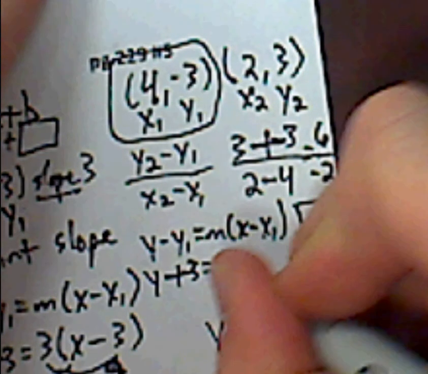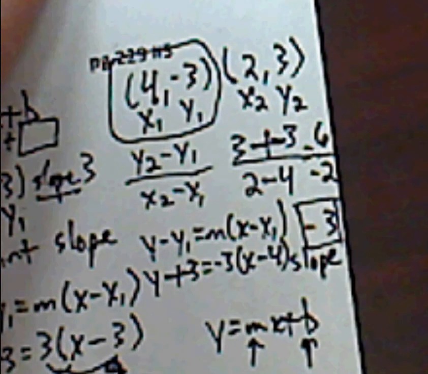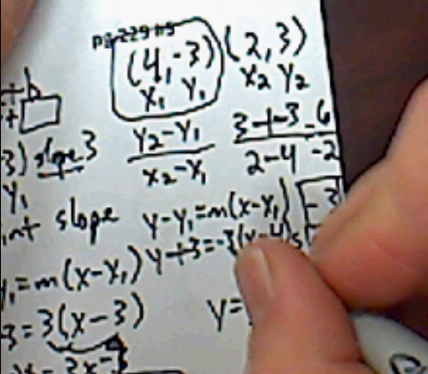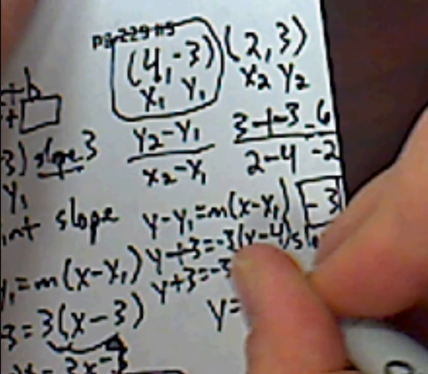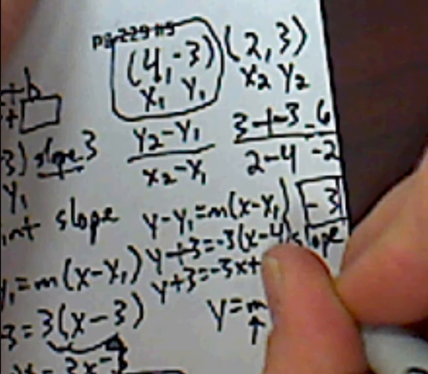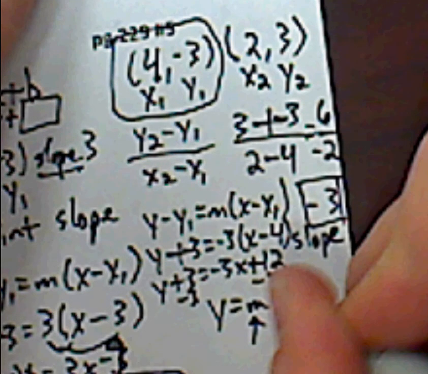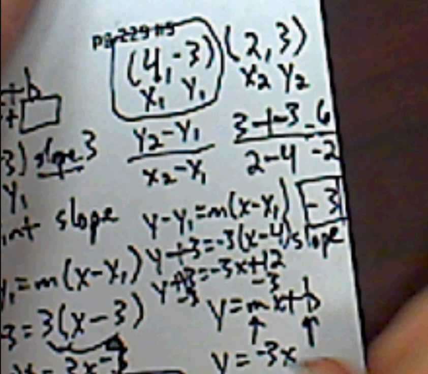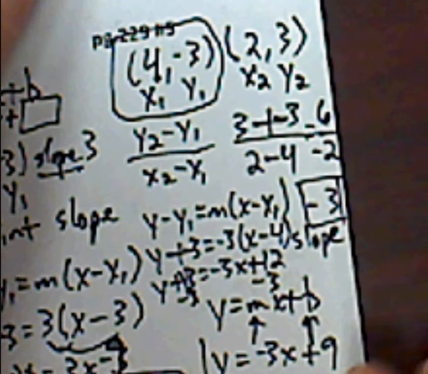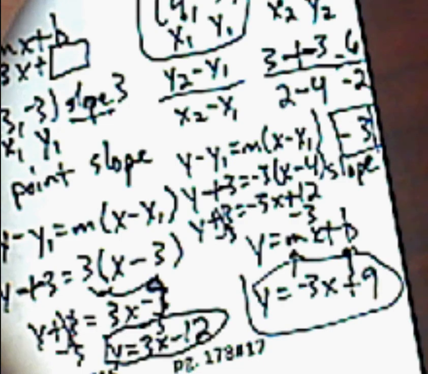My m is negative 3, then I have x minus, my x1 is 4. So this gives me y plus 3 equals negative 3x. Negative 3 times negative 4 is positive 12. Minus 3, minus 3. So I get y equals negative 3x plus 9. Now I have the equation. And we are done.